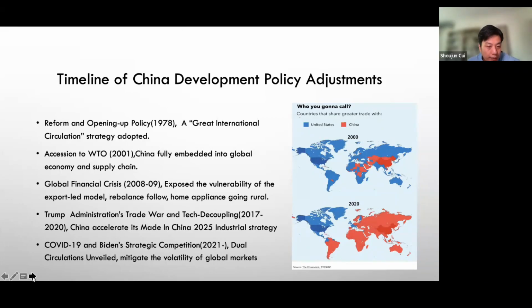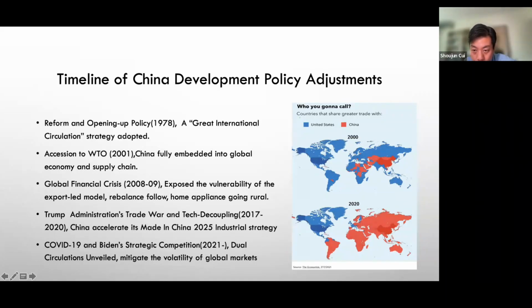So the outbreak of COVID-19 in 2020, and also the Biden administration coming into power. So China's dual circulation strategy was officially unveiled last year, 2021. That is to aim to mitigate the volatility of the global market.